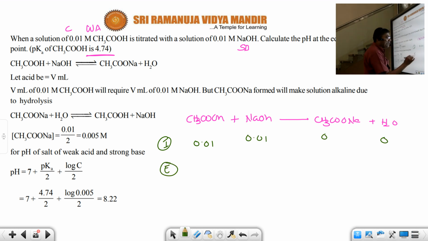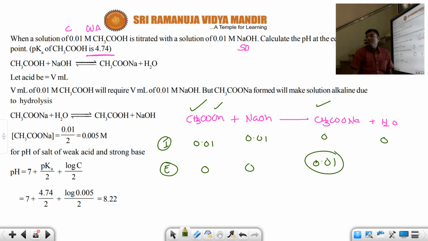Now equilibrium value is 0, 0, and you got here 0.01. So this is hydrolyzed. Students, try to understand. If something is left out, this one and this one will form a buffer. Salt hydrolysis means completely consumed. So only this salt is formed. That's why it is salt hydrolysis.